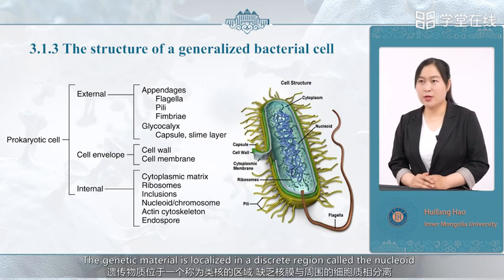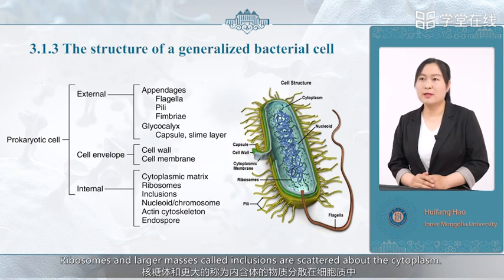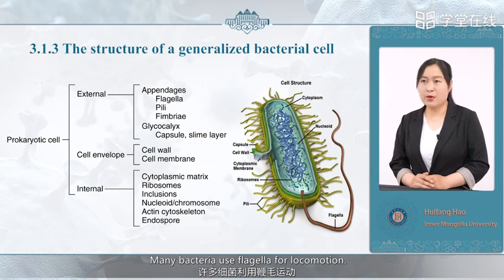The genetic material is localized in a discrete region called the nucleoid, and usually is not separated from the surrounding cytoplasm by membranes. Ribosomes and larger masses called inclusions are scattered about the cytoplasm. Many bacteria use flagella for locomotion.